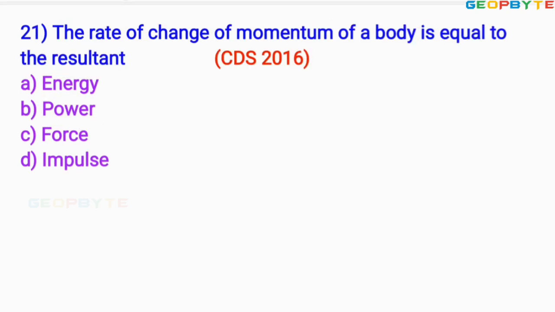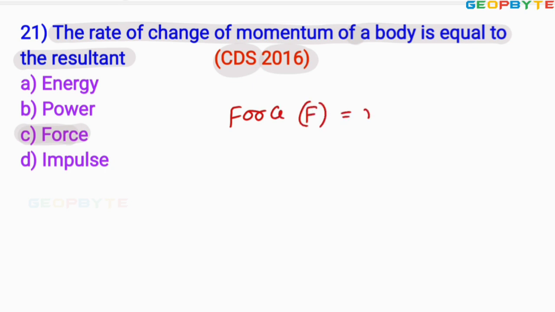Let's go for the next problem. Look at the 21st problem, asked in 2016 for CDS. The rate of change of momentum of a body is equal to the resultant force, because force F equals the product of mass and acceleration.